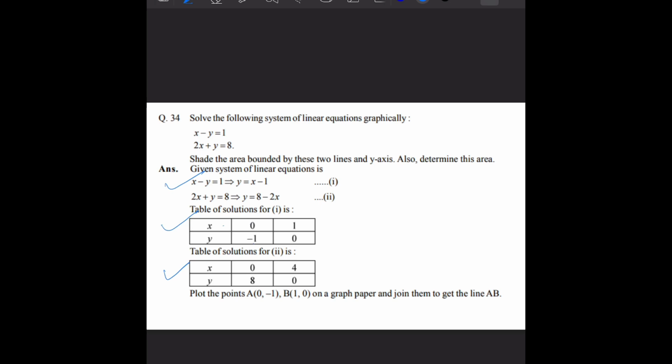What are the points A and B? Point A is 0 comma -1 and point B will be 1 comma 0 for equation 1. Let's put that on a graph. This will be your 0 comma -1.